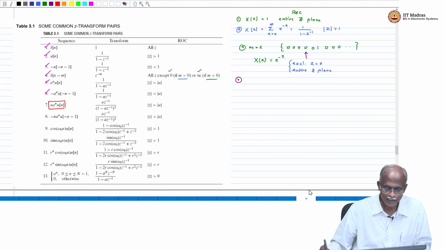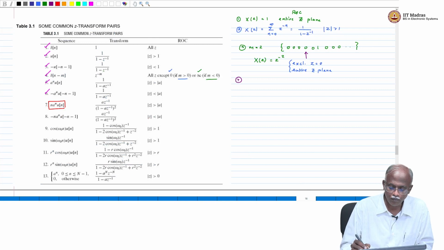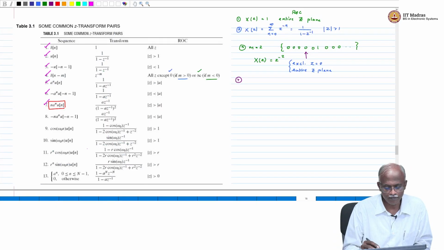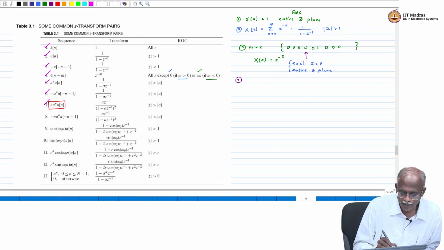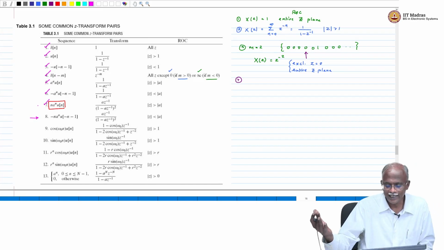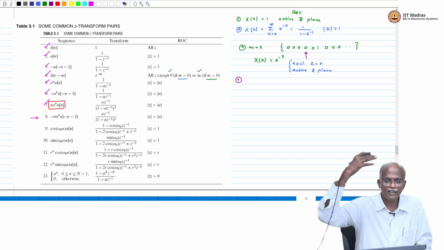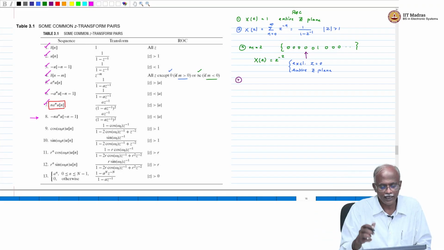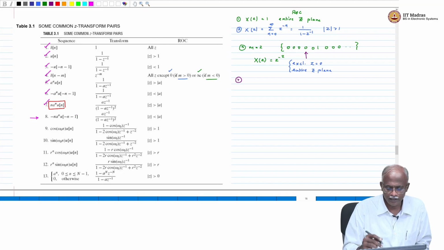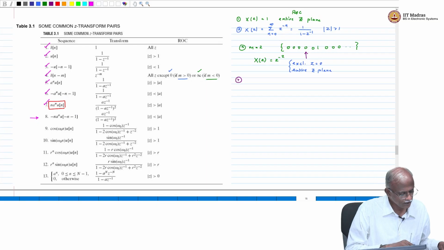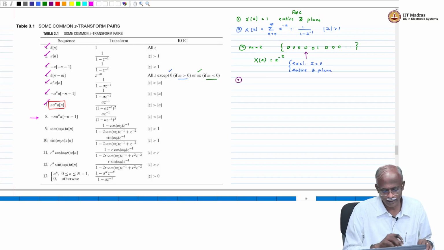So go back to this expression. What you find is that it is an expression that we can derive where mod z is greater than a. So please verify. This we have done. Now this is something that I would like you to verify. Basically, for a left-sided sequence, write down the z transform and then do the differentiation. And again, it's only a matter of applying the things in a correct manner.